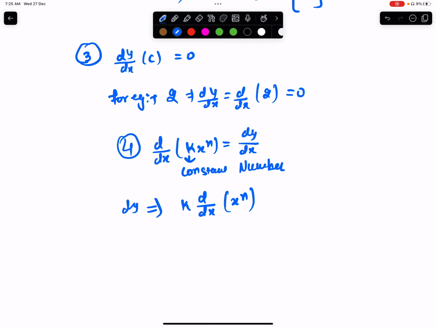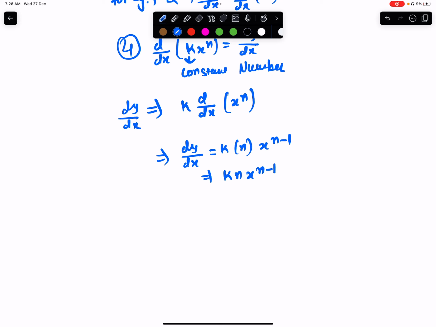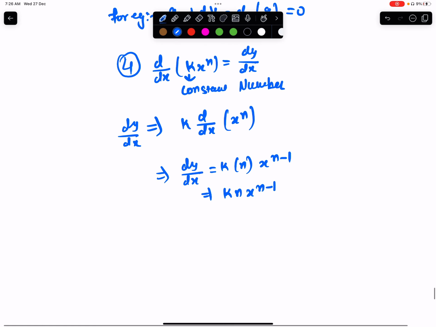So dy by dx equals k into n x raised to the power n minus 1, that equals k n x raised to the power n minus 1. So this is our derivative of a constant number multiplied by x raised to the power n.